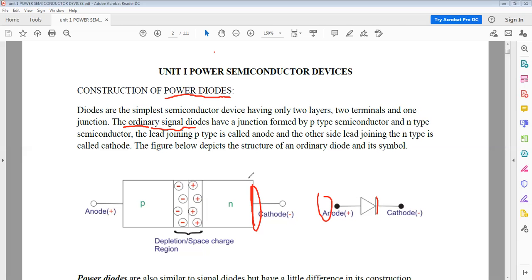You can see what forward bias is and what reverse bias is. Forward bias means the positive terminal is connected to the P side.